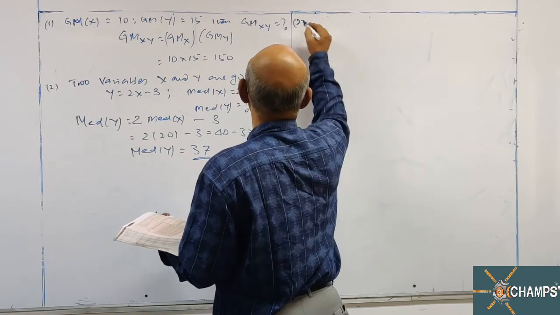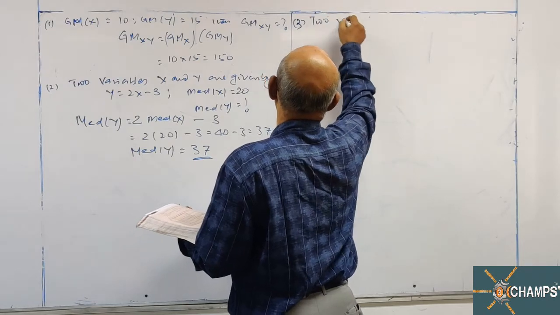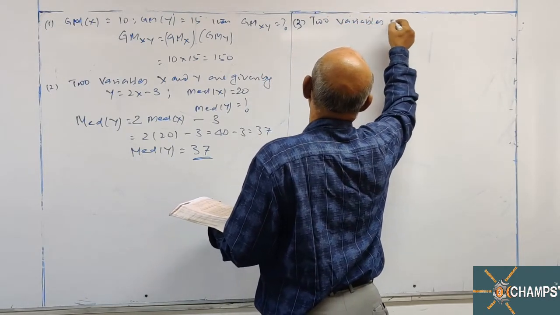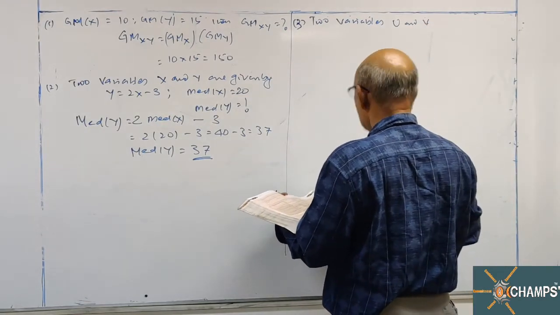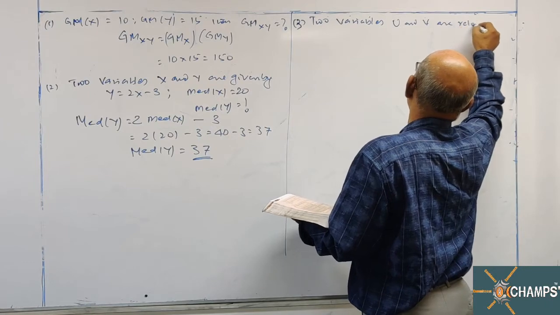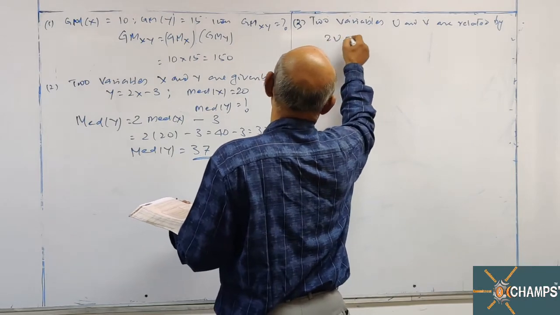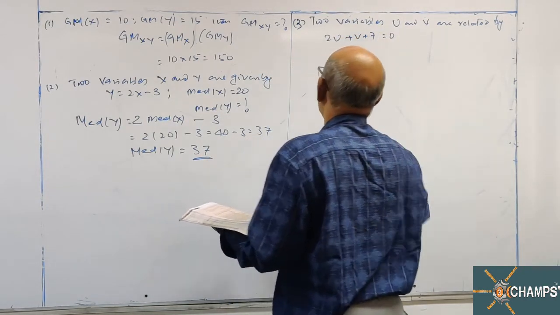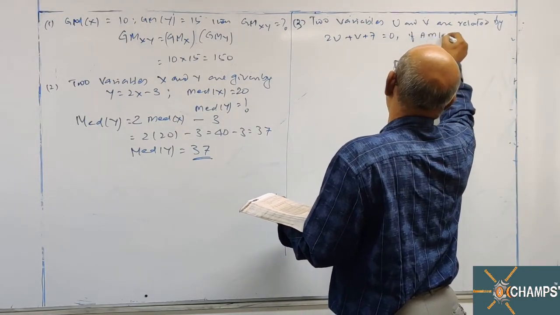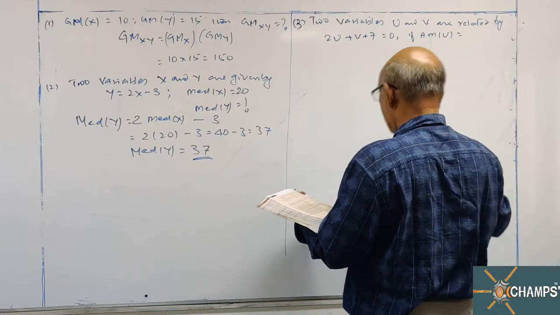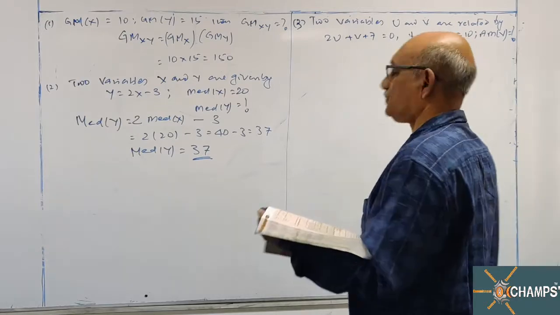Next question. Two variables u and v are related by 2u plus v plus 7 equal to 0. If arithmetic mean of u is equal to 10, arithmetic mean of v is question mark.